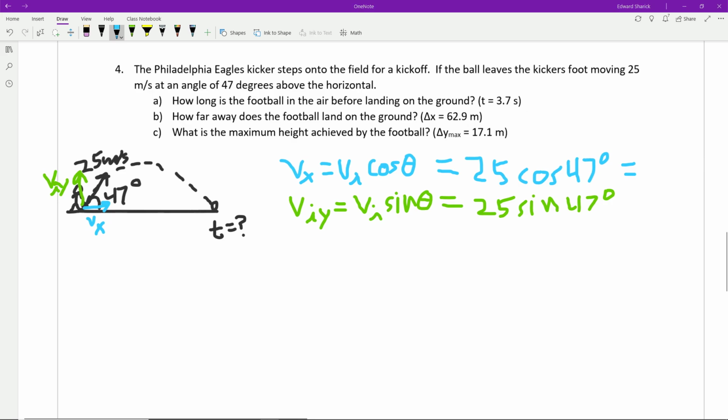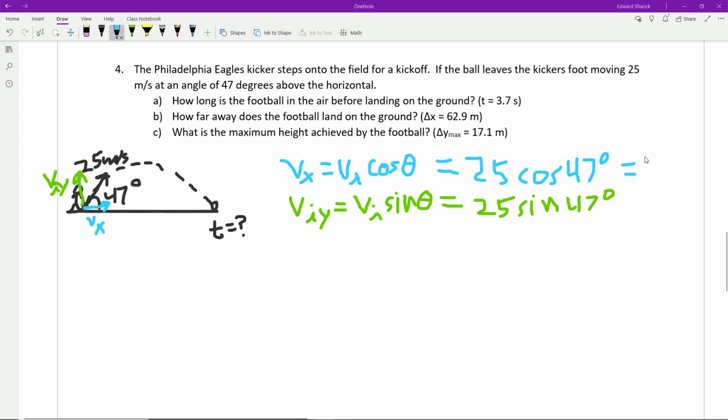Let's see, what do we get here? All right, so we get 25 cosine 47. Make sure your calculator's in degree mode.